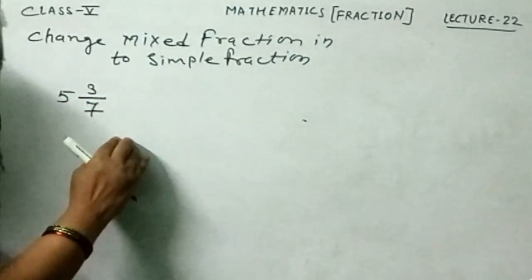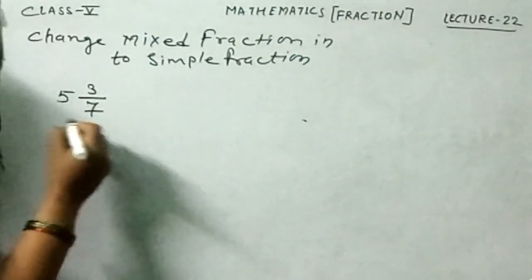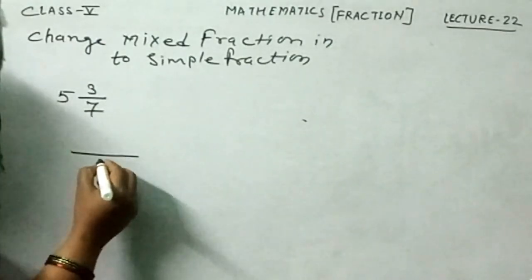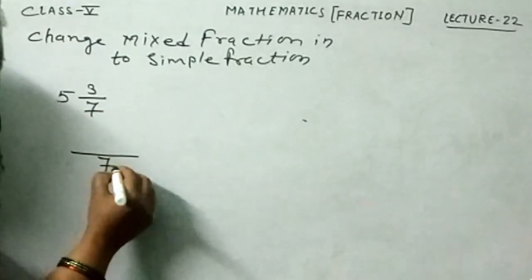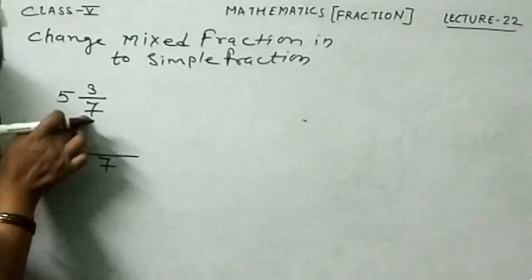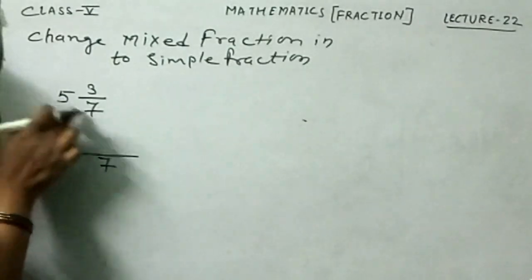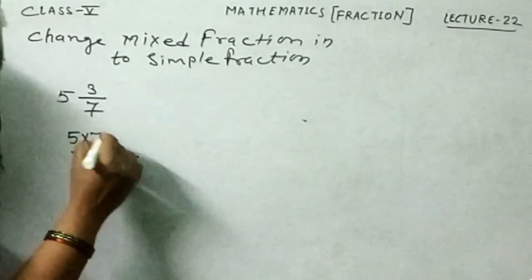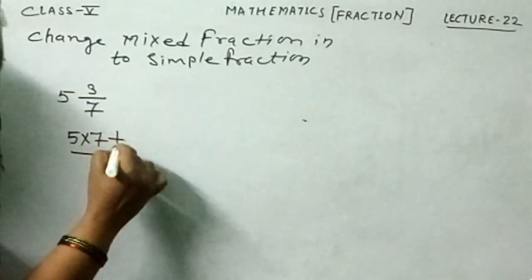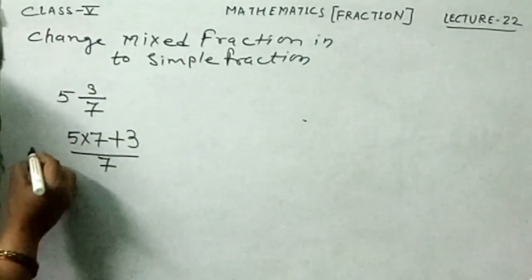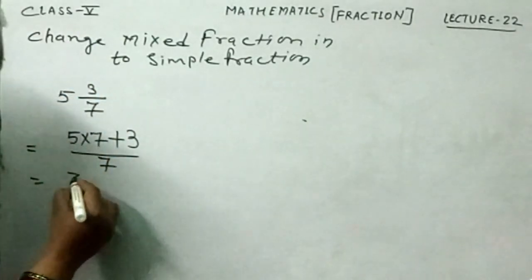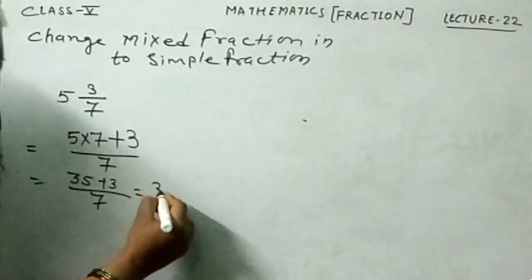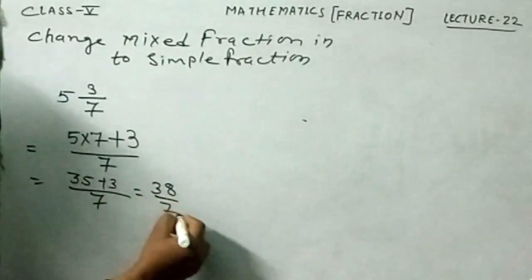In the down you write what is given in the down, as it is: 7. Then 5 multiply 7, and add the upper number 3. 5 7s are 35, plus 3, then 38 by 7.